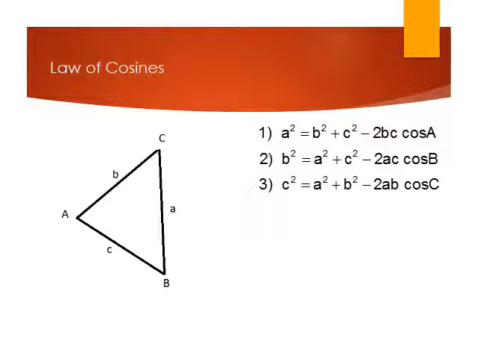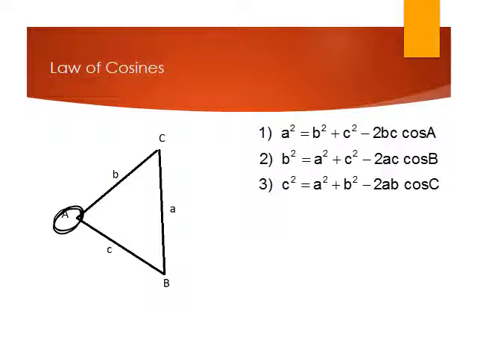Now this is the law of cosines, and there's three different equations, but I just kind of remember it as: if I'm going for this angle here, this would be my B squared, this would be my C squared.